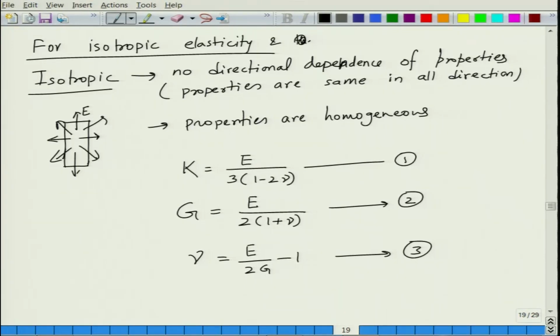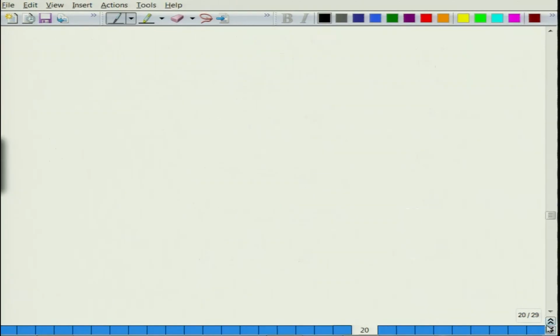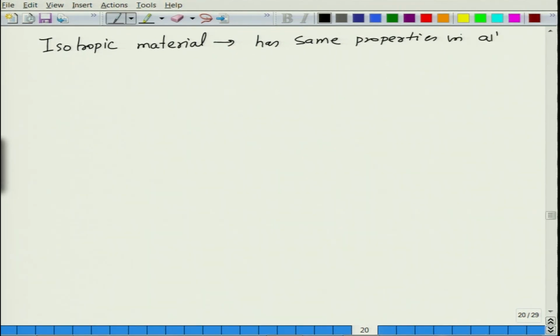Okay. So, now we go a little bit further into isotropic elasticity and close it. Basically, an isotropic material has the same properties in all directions.